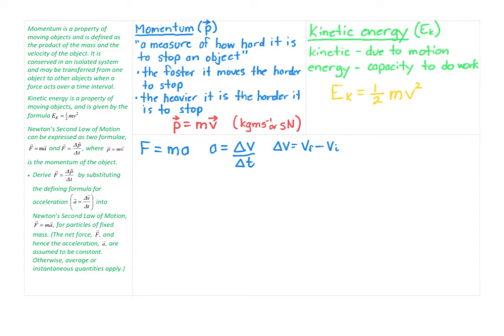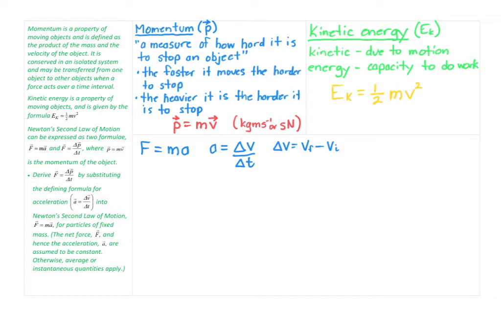We call this formula that I'm about to derive Newton's second law in terms of momentum, whereas this is just Newton's second law in terms of acceleration, or mass and acceleration. So, how do we derive this formula?